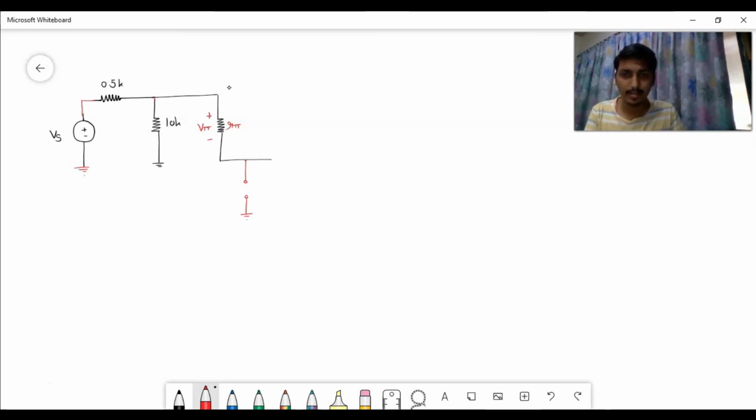So solving this particular circuit, I am assuming the node as V1, and this is V pi. So applying KVL loop here.